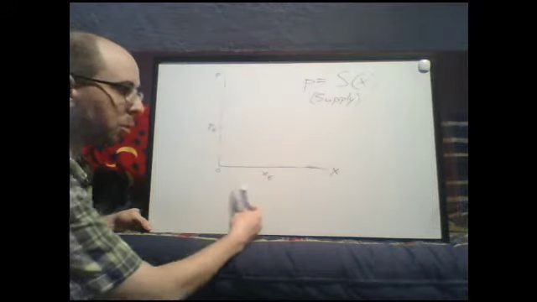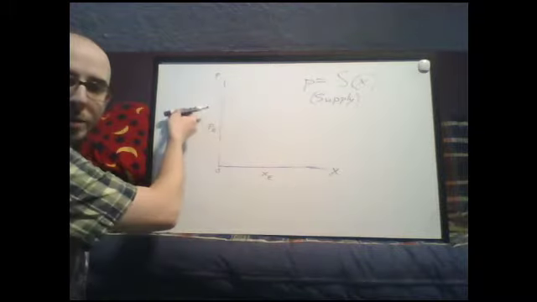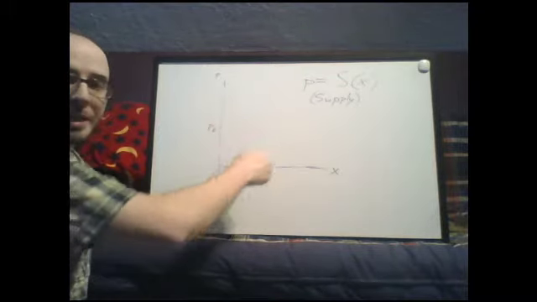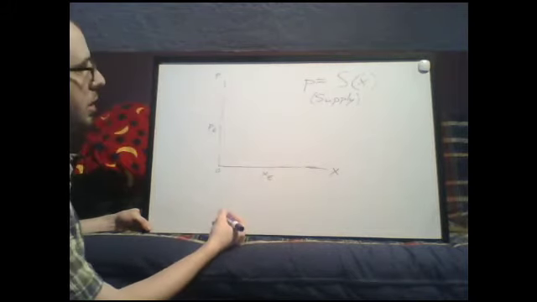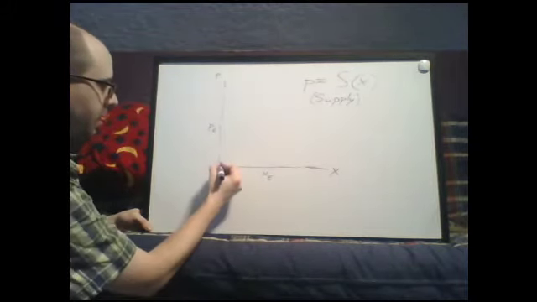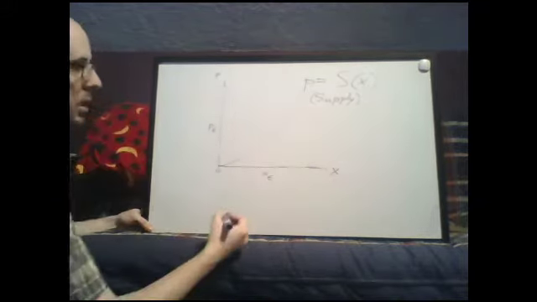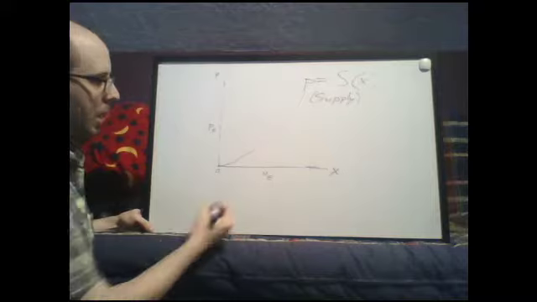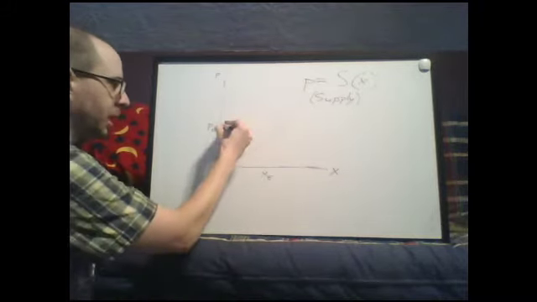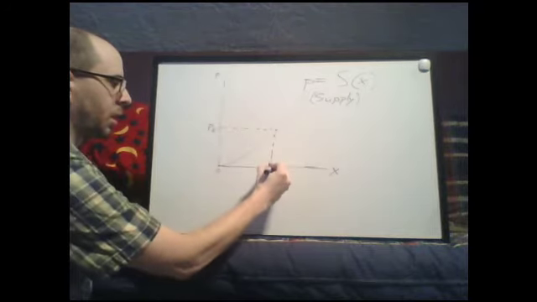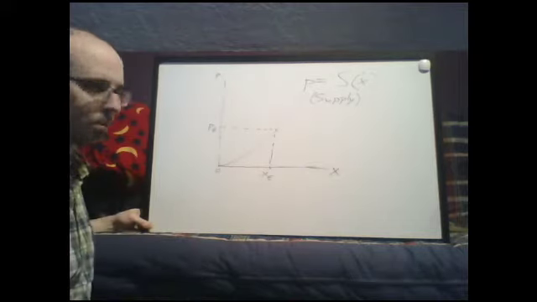Okay, so the more units I want to produce, that's going to require a higher price to justify it. So this is going to be an increasing function. It may not start down here at 0. Let's just assume it does, but it's going to be an increasing function like this. And so again, suppose we have an X value and a corresponding price in mind, then that's that same rectangle as before.